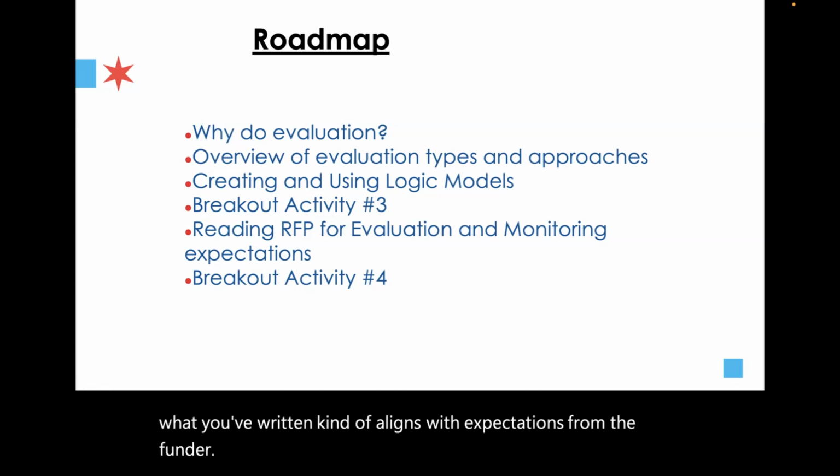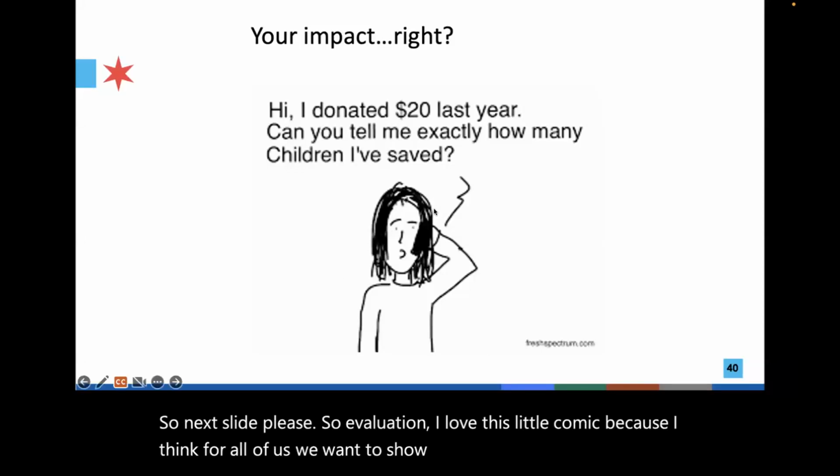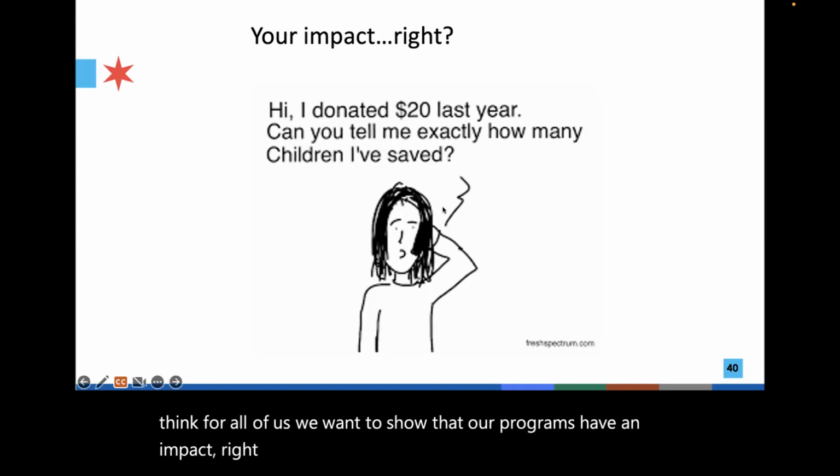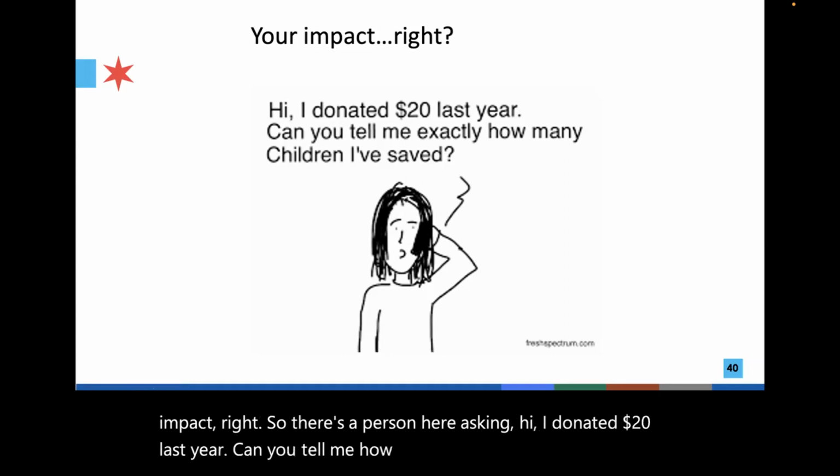Next slide, please. Evaluation. I love this little comic, because for all of us, we want to show that our programs have an impact. A person here asks, "Hi, I donated $20 last year. Can you tell me how many children I've saved?"